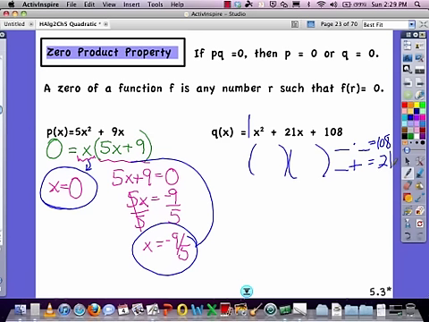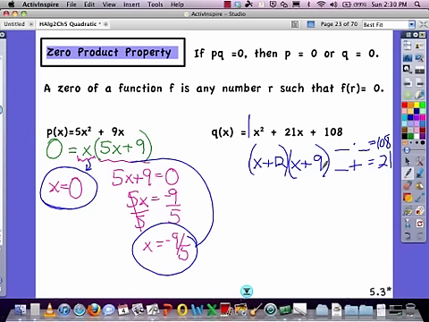A lot of numbers here. Let's see. I like 12 and 9. I think we'll do it. And everything's addition, so if I say 12 and I say 9, 9 times 12, 18, carry the 1, 108, so we're good. And then 9 and 12 add up to give you 21.